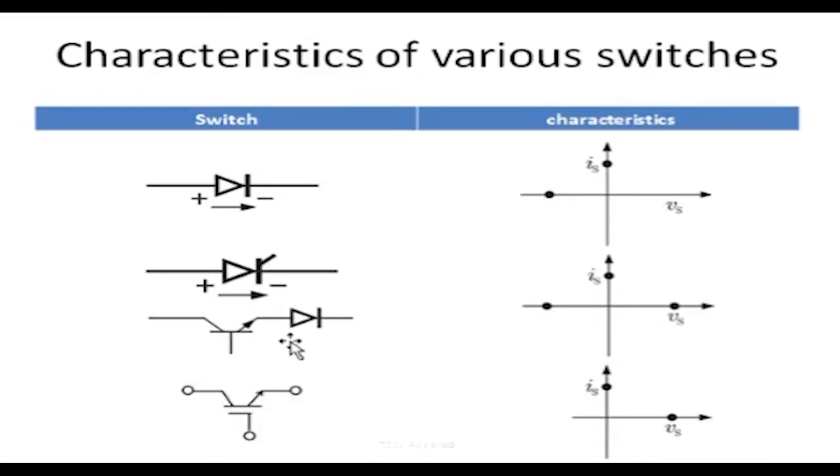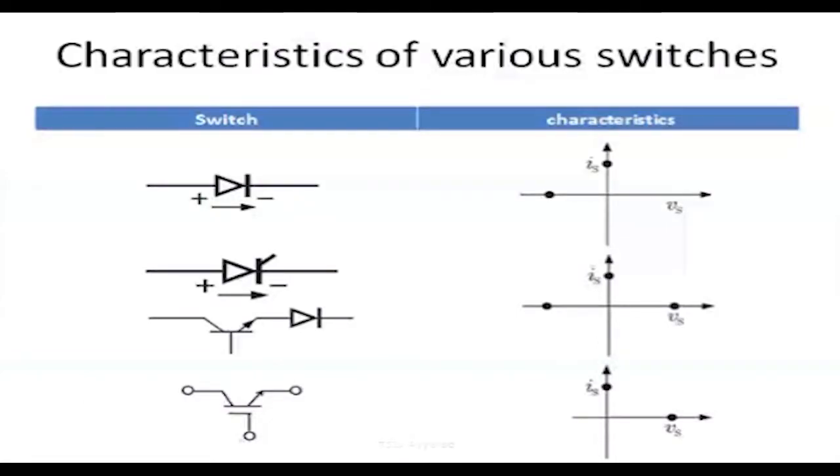Because if I give a negative voltage, the diode will turn off. That's why we are getting the characteristics like this. Then this combination is called a semi-controlled switch. You can turn on, but not turn off. We didn't say how to turn off.